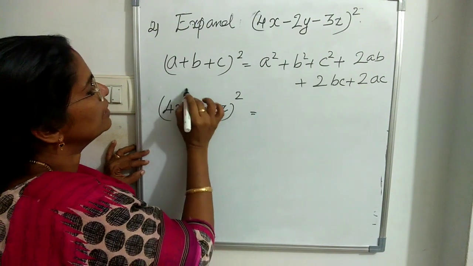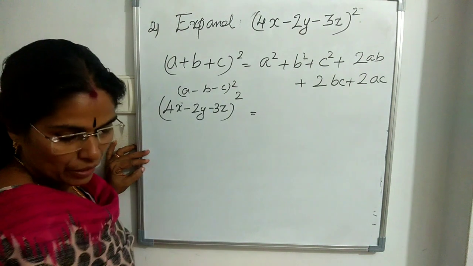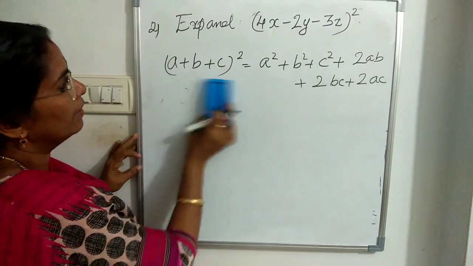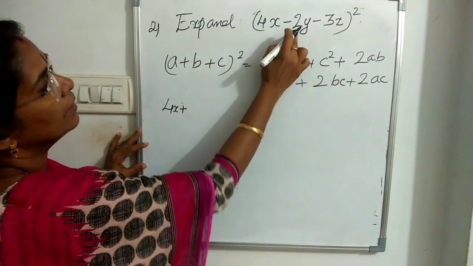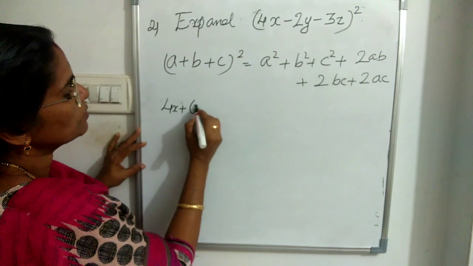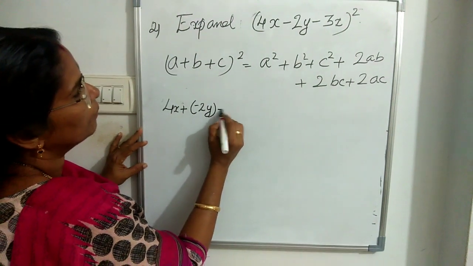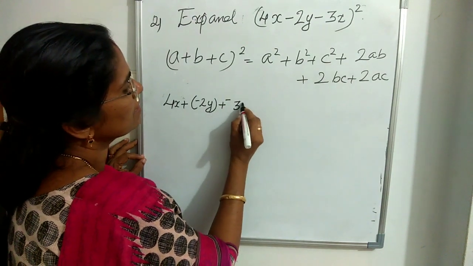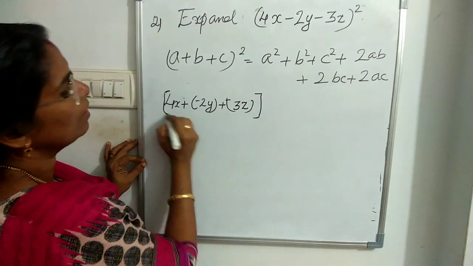Here, there is no need to change this into an (a - b - c) whole square form. You have to change our given question as 4x plus (minus 2y) plus (minus 3z), putting these in brackets. Now it is all square.